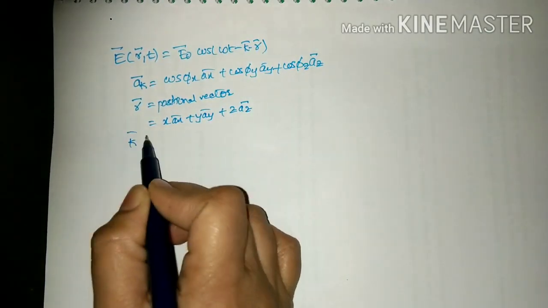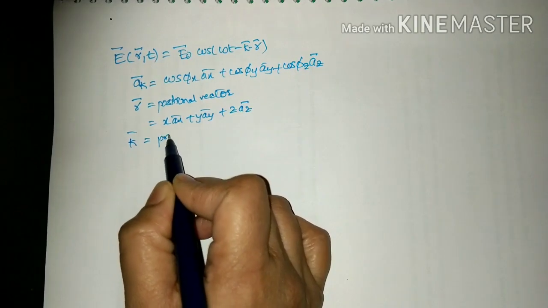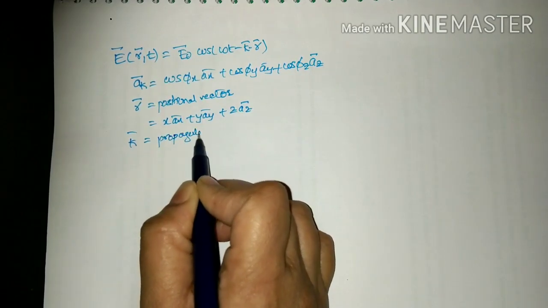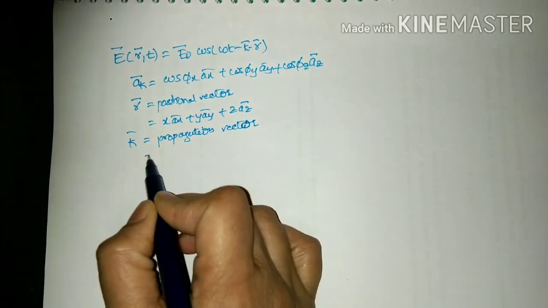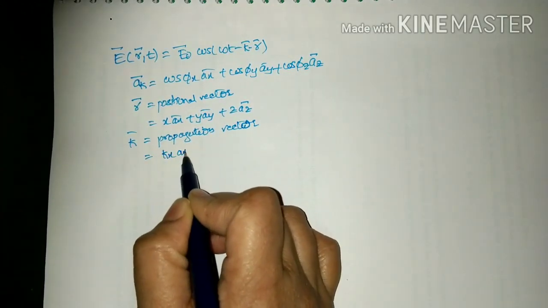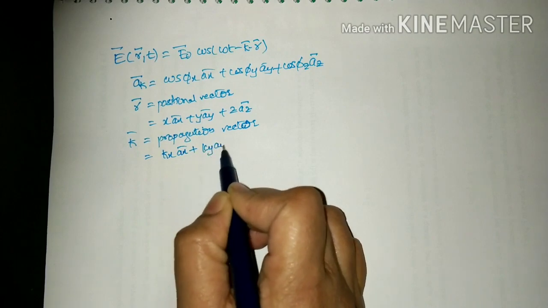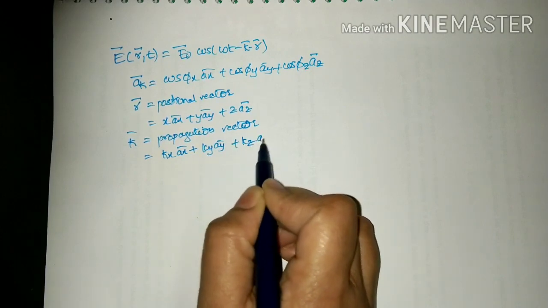And k bar is called the propagation vector. It is given by kx into ax bar plus ky into ay bar plus kz into az bar.